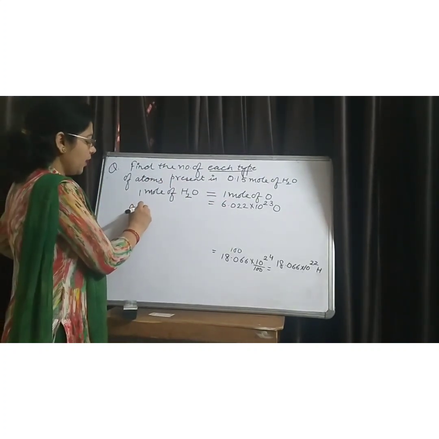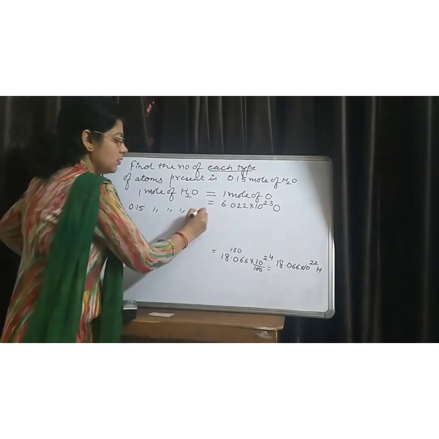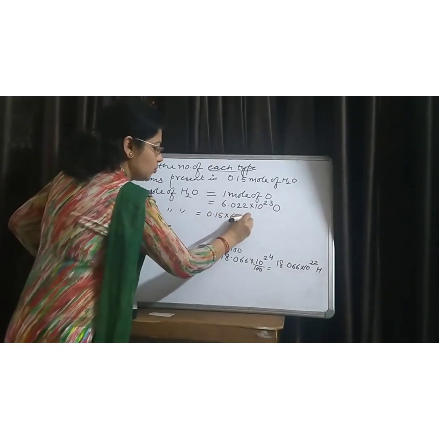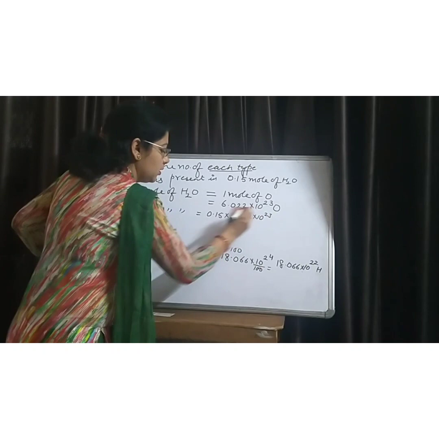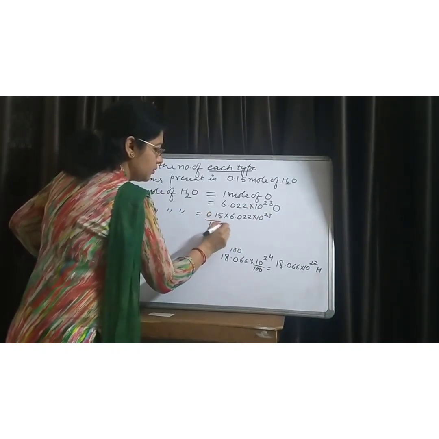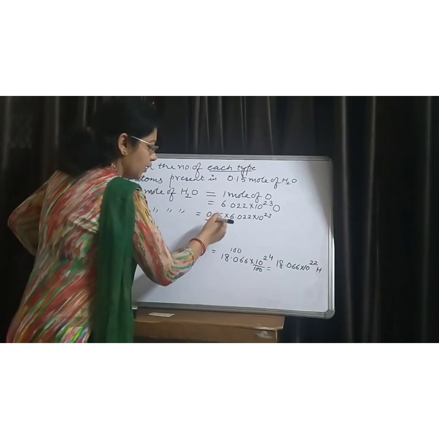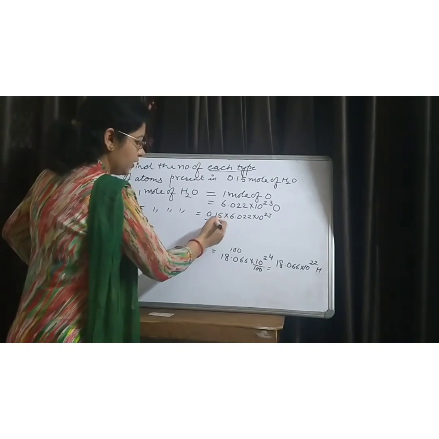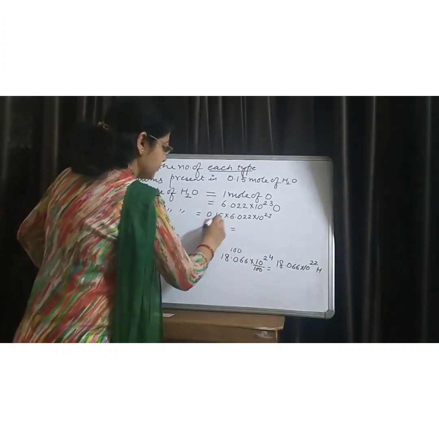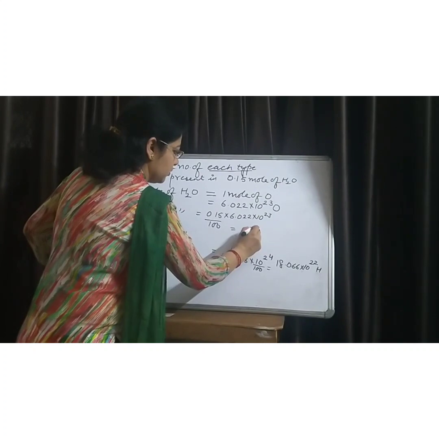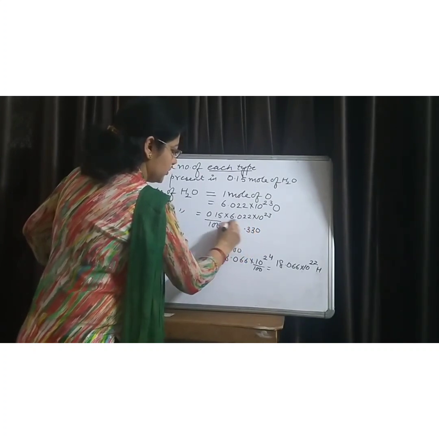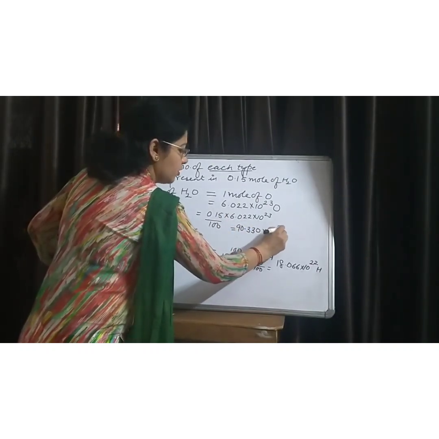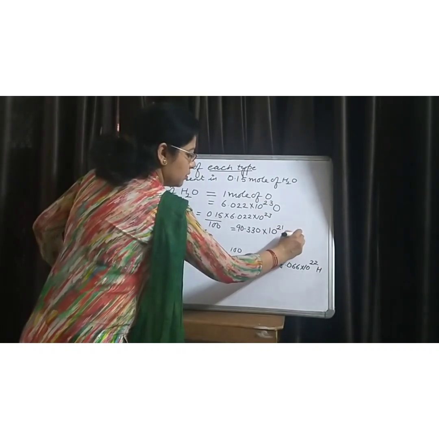Now in 0.15 mole of water, number of oxygen atoms are 0.15 into 6.022 into 10 raised to power 23 divided by 100. It comes out to be 90.330 into 10 raised to power 21 oxygen atoms.